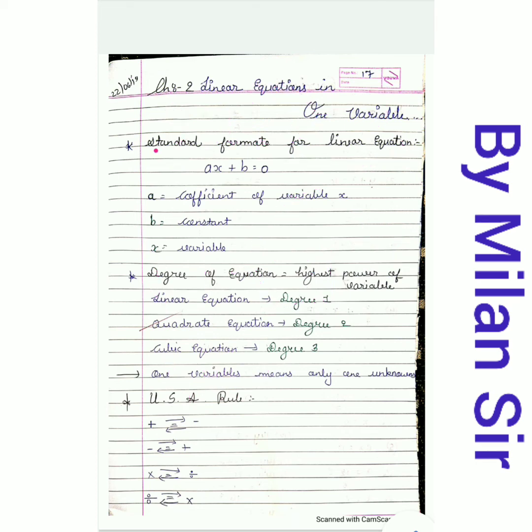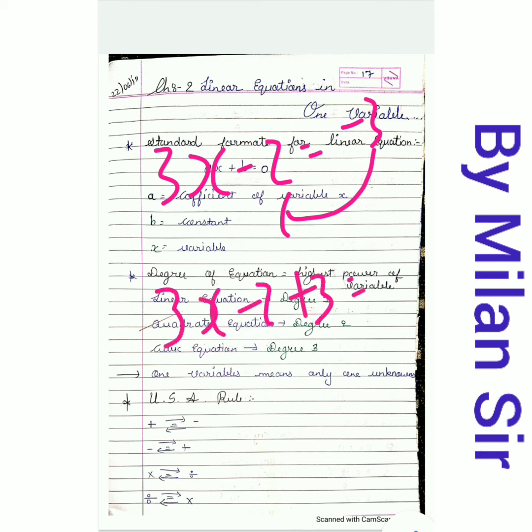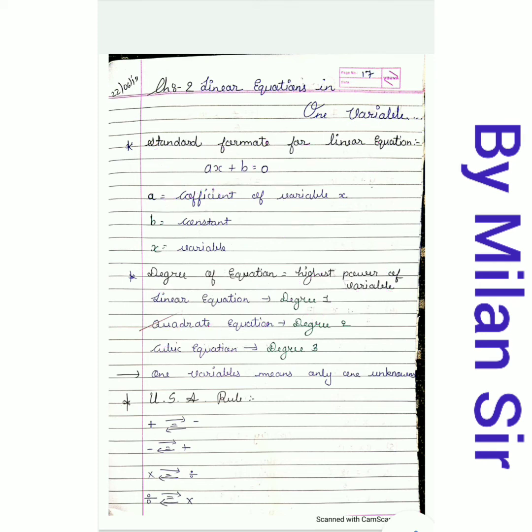Let's take one more example, minus 2 and minus 3. If we transfer this minus 3 to the left hand side, it becomes plus 3. That means if we cross the equality sign, then we need to change the sign: plus becomes minus, minus becomes plus.